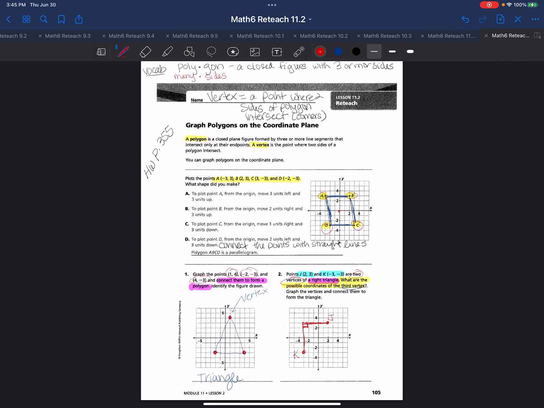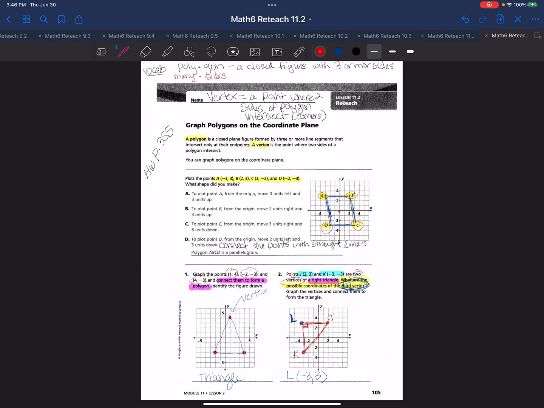How do I make this a right triangle? I know then that this point here could be my 3rd vertex. Let's call it L, because we're just going in the alphabet, JKL. So L could be -3, 3 as an ordered pair, and that would form a right triangle. But we could do it the other direction too.